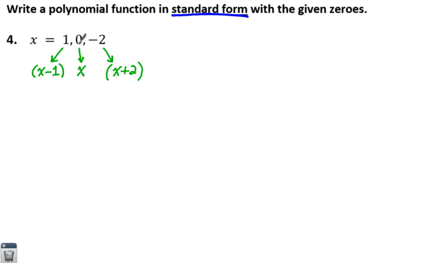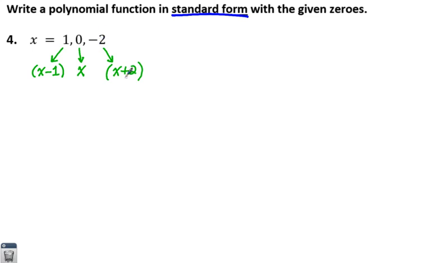If they tell you that one of the zeros was 0, just use x as one of the factors, and if one of the zeros was negative 2, then one of the bubble factors that you would set equal to 0, it's almost like, what bubble would you set equal to 0 to get this as an answer?